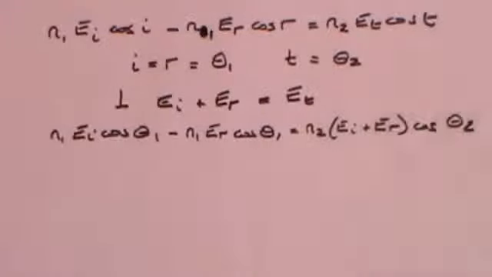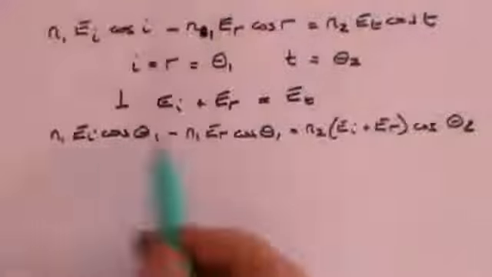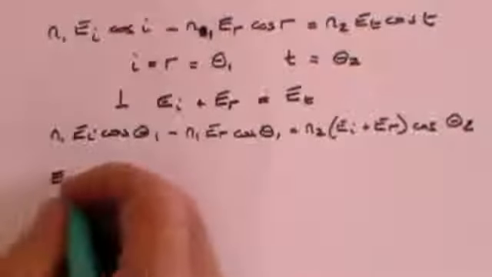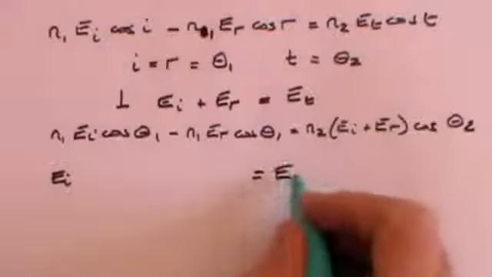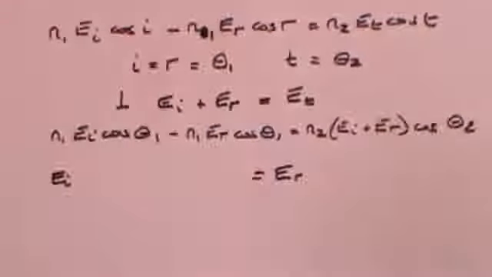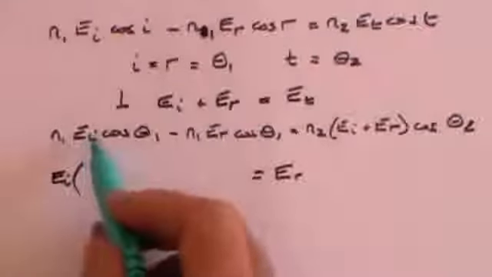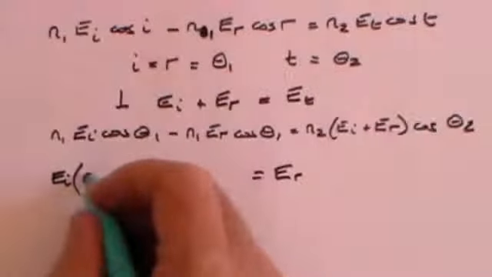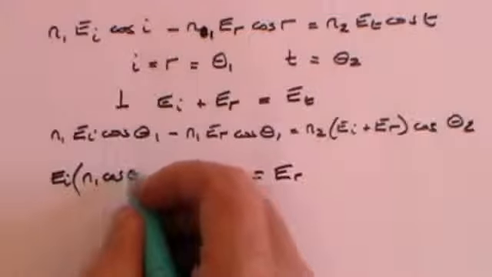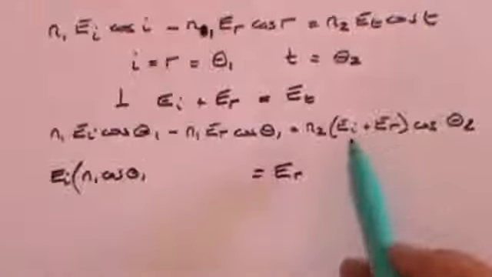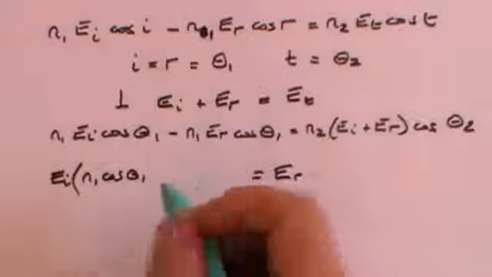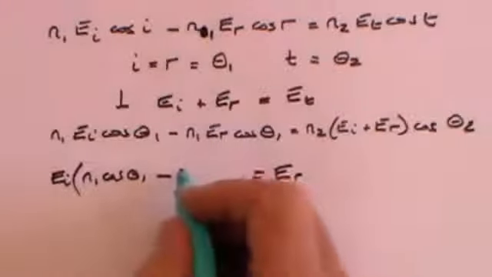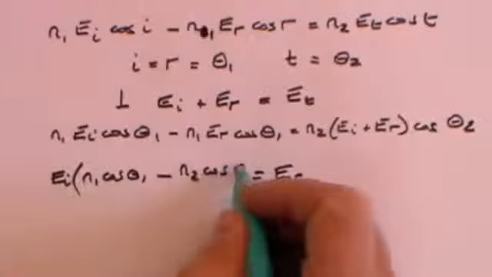Now here's the trick. What we want to do is to rearrange this equation so that we get all the EI terms on this side of the equation and all the ER terms on that side of the equation. So let's do it. Well, here's an EI term, that's N1 cos theta 1. And here's another EI term, that's N2 cos theta 2, but when you bring it to the other side, that will become a minus N2 cosine theta 2.